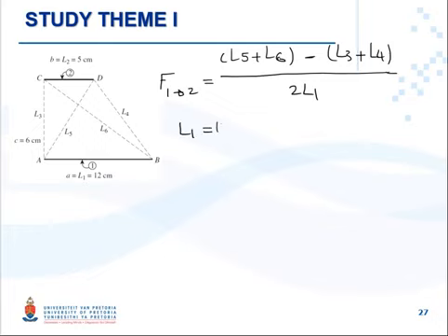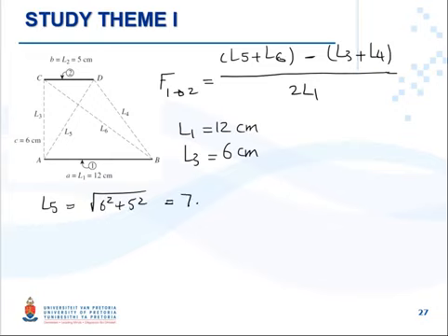L1 is 12 centimeters, L3 is 6 centimeters. What we need to find are L4, L5 and L6. L5 can be easily found. L5 will be 7.81.